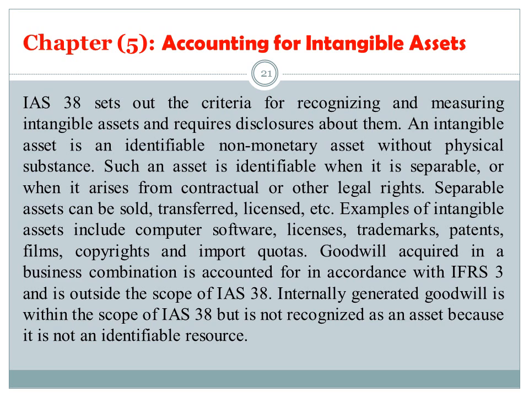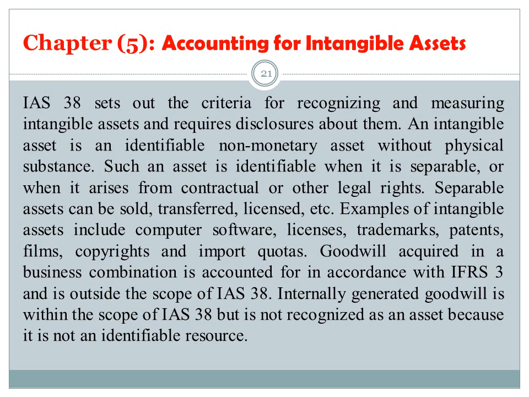An intangible asset is an identifiable non-monetary asset without physical substance, such as computer software, trademarks, copyrights. Goodwill acquired in a business combination is accounted for in accordance with International Financial Reporting Standard 3, IFRS 3, and is outside the scope of IAS 38.